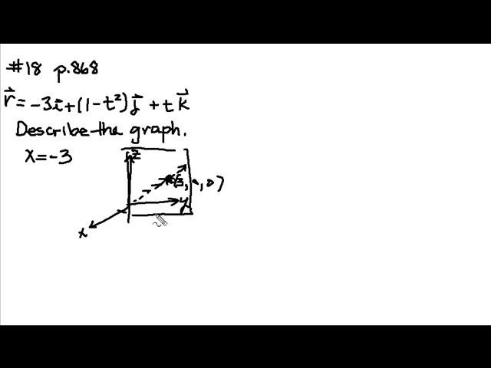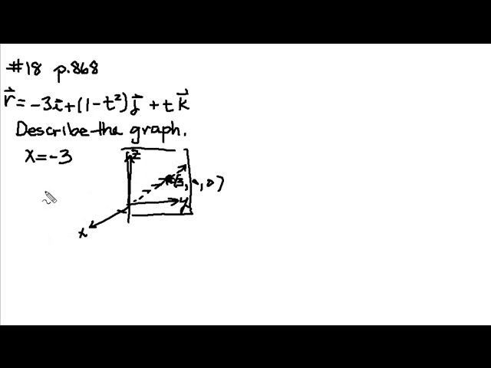So no matter what else we know about the points on our graph, they have to be in that plane. Or another way of saying that is whatever shape is formed by 1 minus t squared and t, it's going to intersect that plane, and that's where our shape will be traced out. Alright, so let's talk about what the 1 minus t squared and the t are going to do.